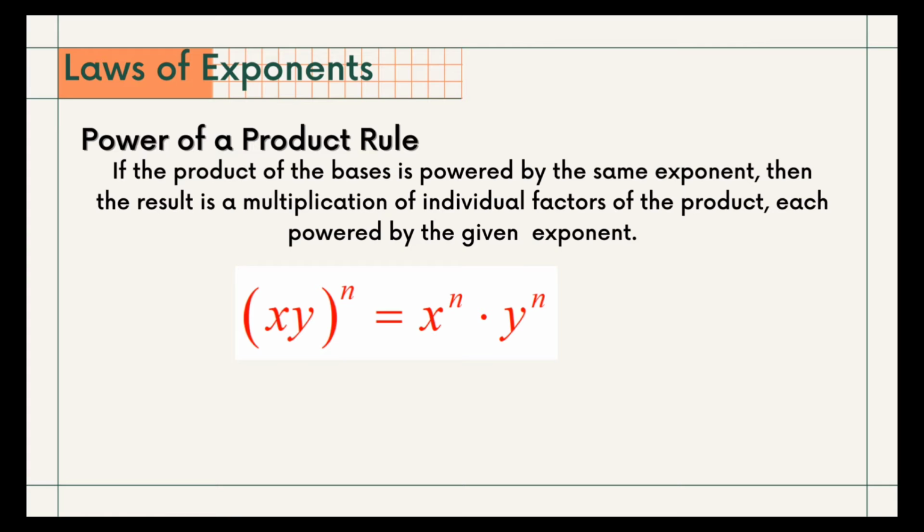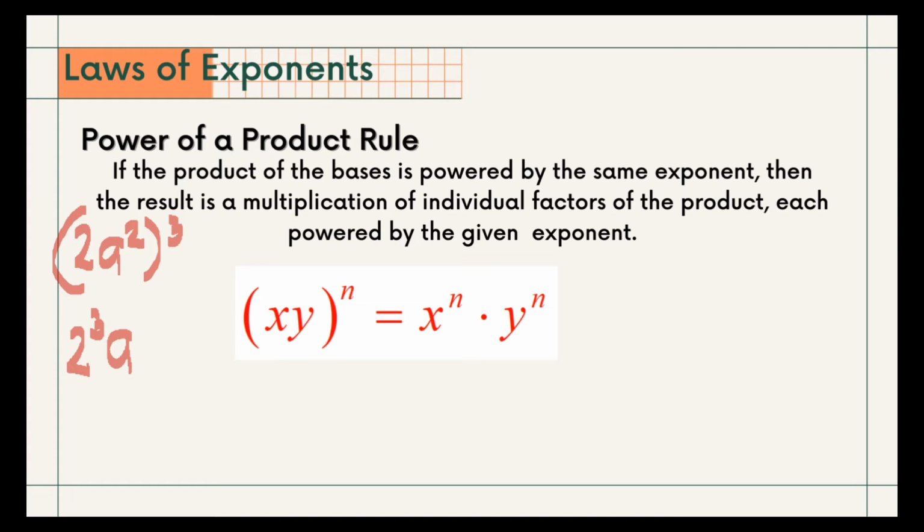So, etong exponent, i-multiply lang natin isa-isa dito sa terms na nasa loob. Example, you have 2a squared. Ni-raise natin siya by 3. So, you have 2, isa-isa. So, yung 2 muna, 2 i-raise natin by 3, and then a.